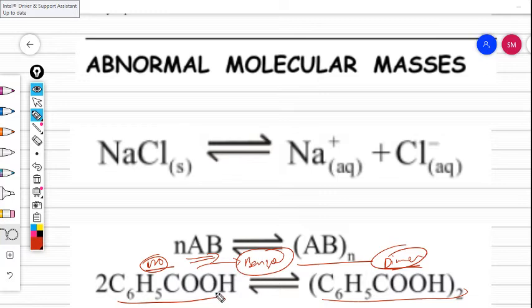So if it is forming a dimer and I want to calculate the molecular weight in the solution, what is meant by molecular weight? A molecule having the weight, the weight of the molecule. But this molecule is now a dimer. It is a combination of two molecules. Now it is a dimer. So it will not be the same 120, it is going to become 240.